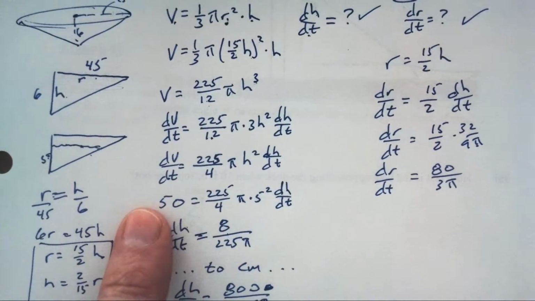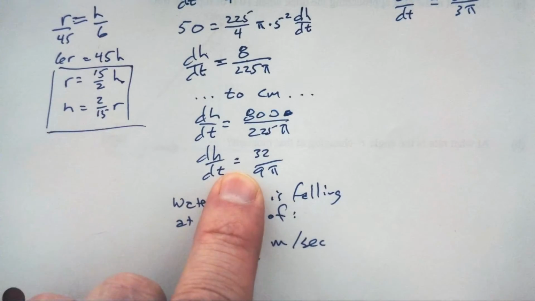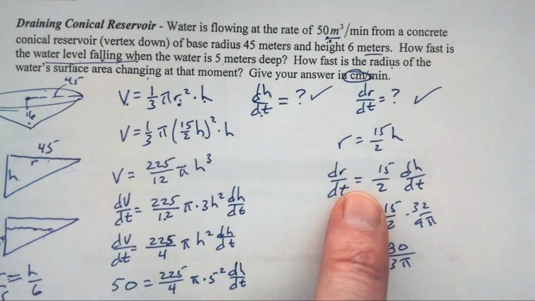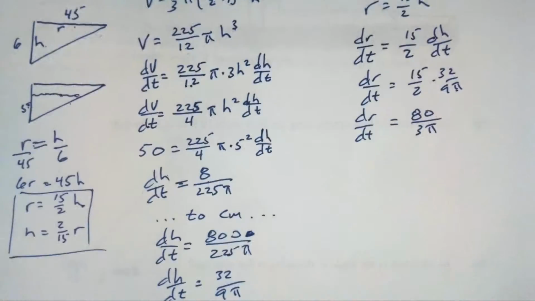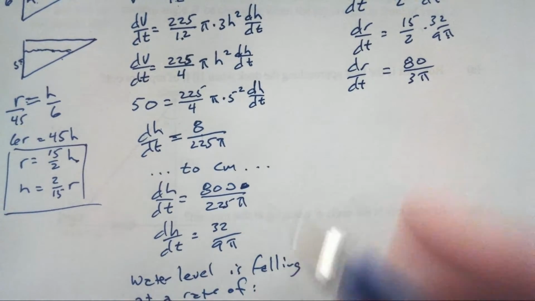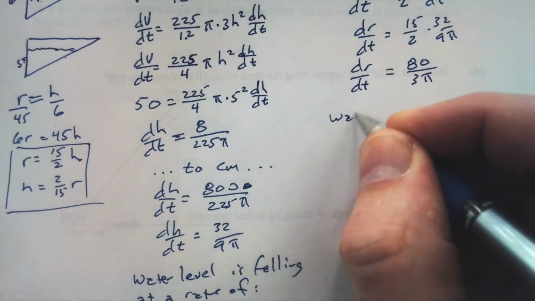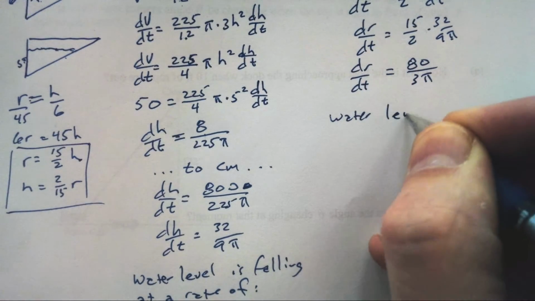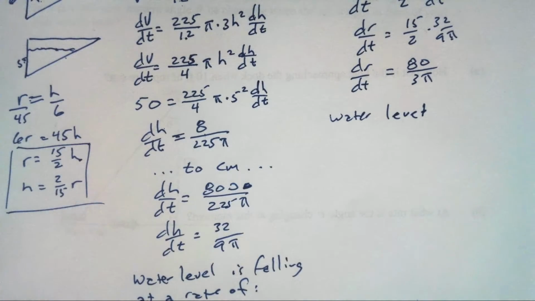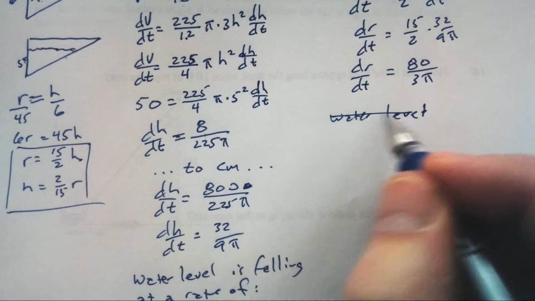So had we included the -50, we'd have the negative here and need to exclude it. We'd have the negative here and need to include it. So we have to be really careful in answering our questions. I mean, this problem has tons of pitfalls in it. So the water level, now you could probably get away with saying is falling, or excuse me, it's not the water level.